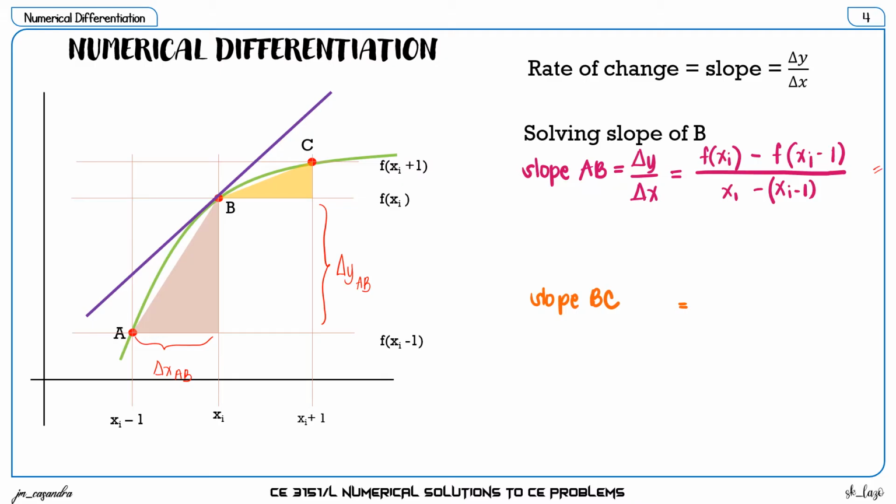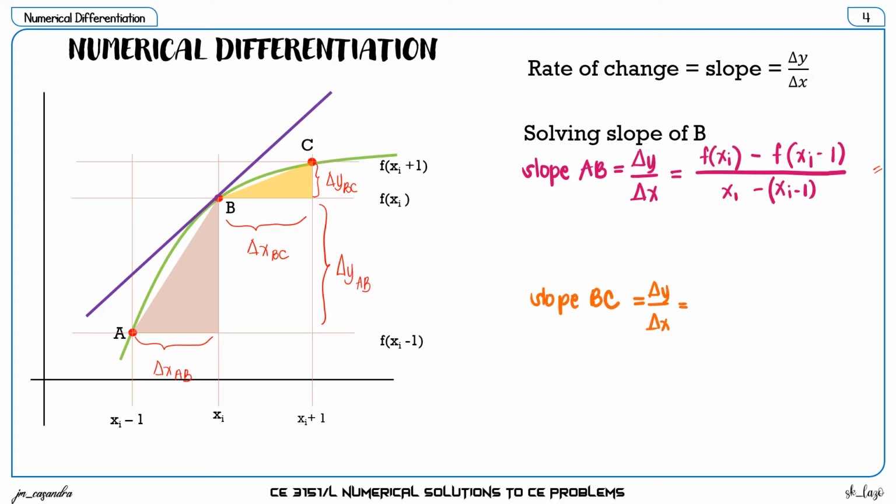Next we have slope BC, which is again delta y over delta x. In this case, we have this distance between B and C as delta y for points BC, and this one is delta x for points BC.